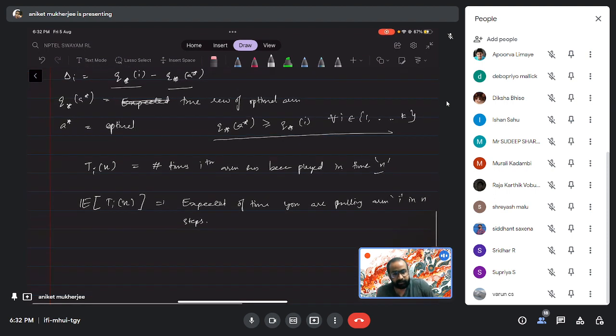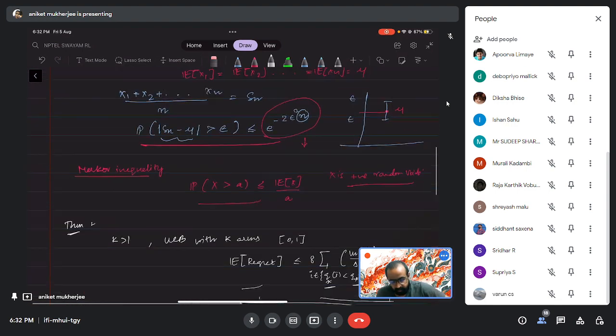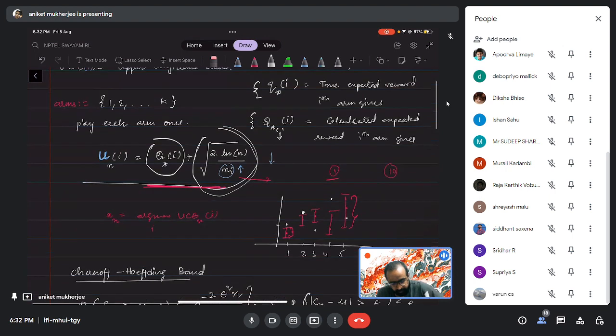I hope you understand that this is random, and where the randomness comes from. The randomness comes from the underlying distribution that each reward gets, because that is random. The capital Q, the calculated expected average reward, is also going to be random. Since capital Q is random, the function u used by the UCB algorithm is also going to be random.